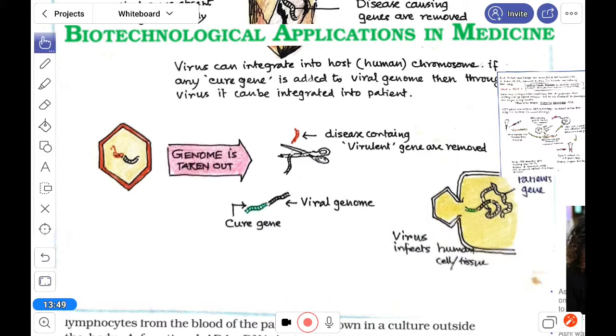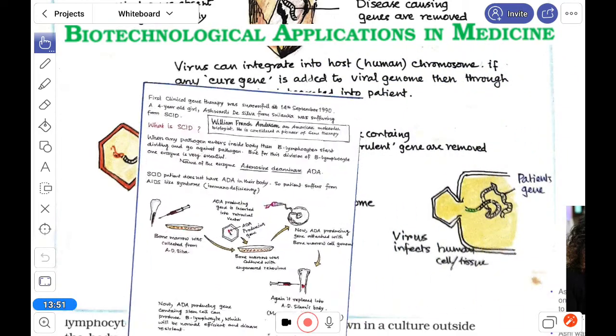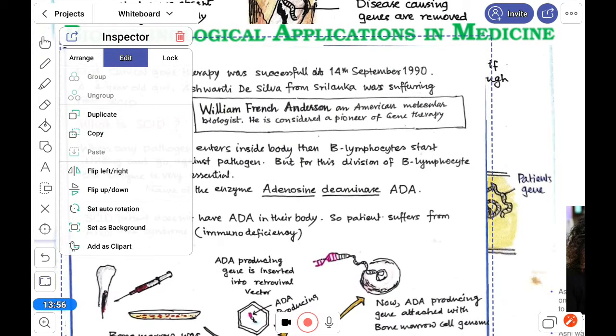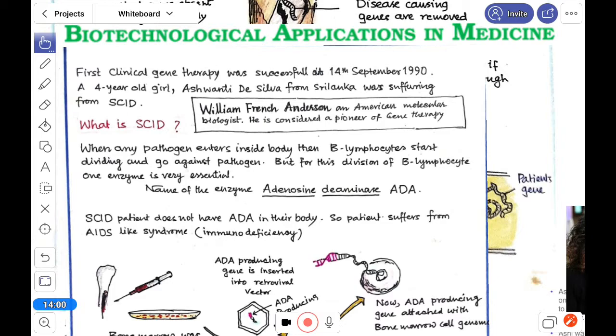Now next part, we can see the first clinical therapy that was successful. A 4-year-old girl, Ashanti De Silva from Sri Lanka, suffering from SCID. Let's know what is SCID. When any pathogen enters inside the human body, then B lymphocytes start dividing to go against the pathogen.